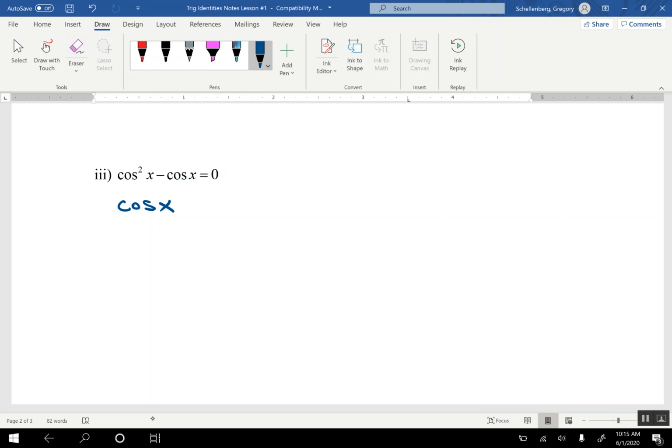So let's factor that out, and we're left with cos x minus 1 inside the brackets. And we'll create little mini equations. So where's the cosine of x equal to 0? And where is the cosine of x equal to 1?